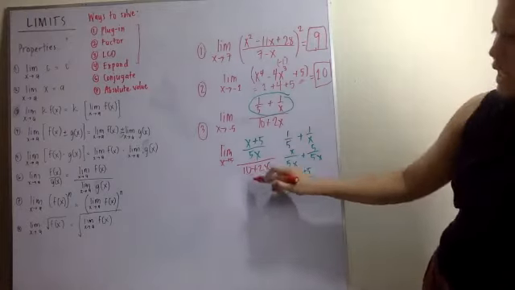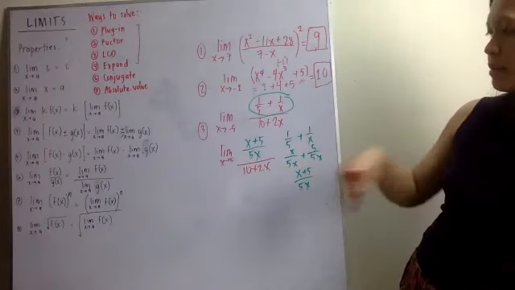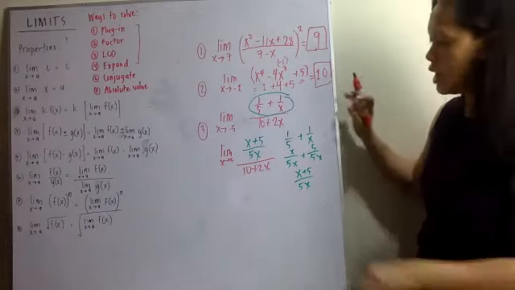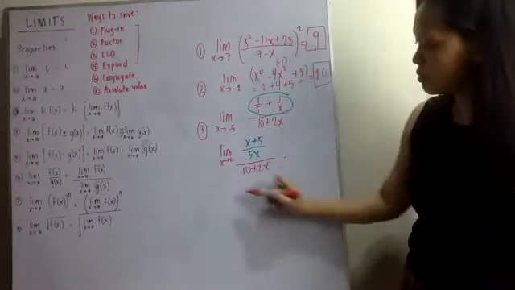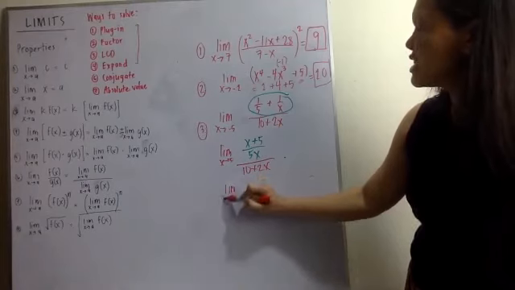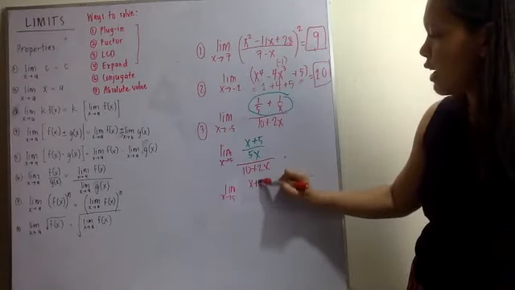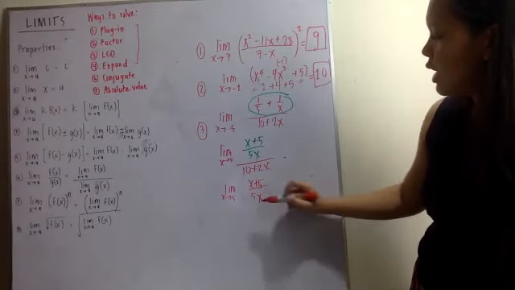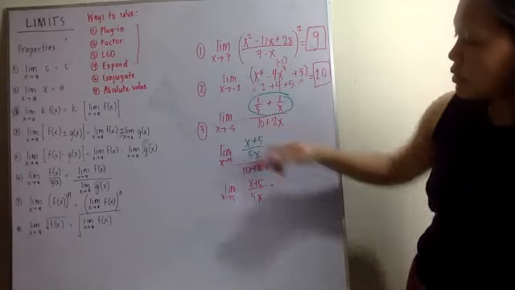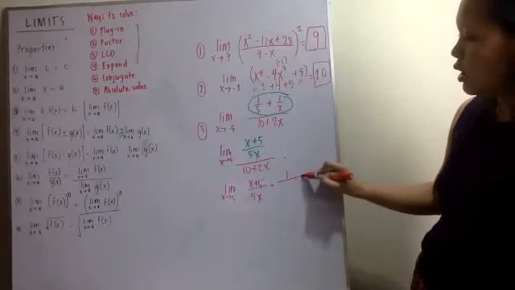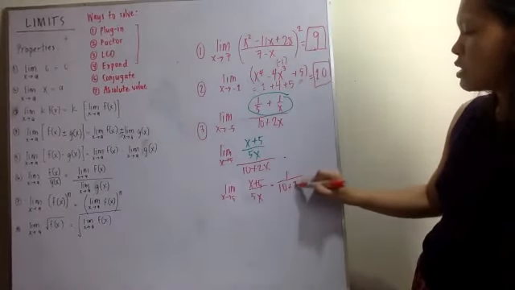So, let's rewrite this as multiplication to make it easier and to see what we can cancel. Limit as x approaches 5: we have x plus 5 over 5x times the reciprocal of the denominator, which is 10 plus 2x, so 1 over 10 plus 2x.